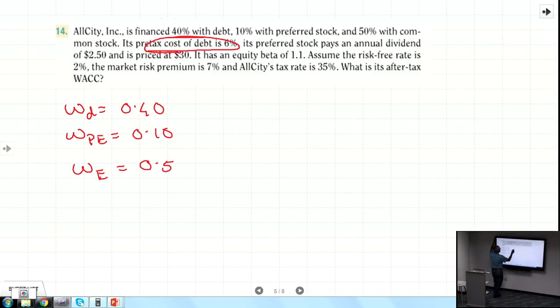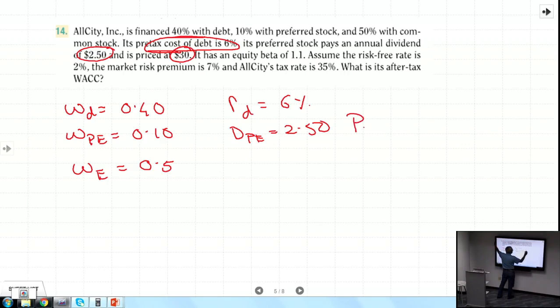Pre-tax cost of debt is 6%. Cost of debt 6%. Preferred stock has an annual dividend of $2.50, and the preferred stock is priced at $30. So price of preferred stock is 30. Equity has a beta of 1.1.